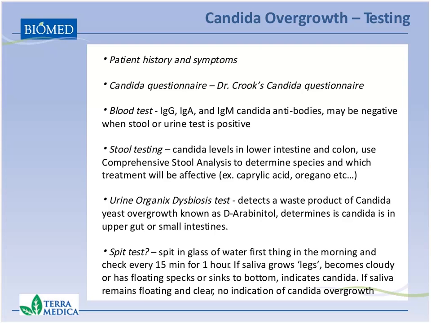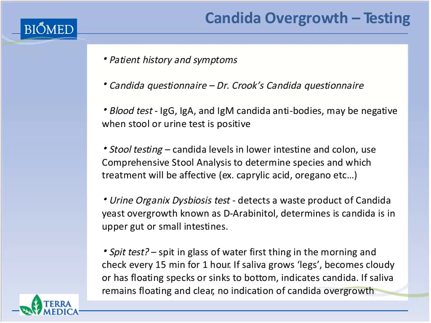Other types of testing: blood tests, looking for Candida antibodies, and stool testing, which is a really great way to see what's going on in the gut. For Candida levels in the lower intestines and colon, you would want to use a comprehensive stool analysis, and you can do this through Doctors Data, which is in the U.S., and they have a really great comprehensive stool analysis package.